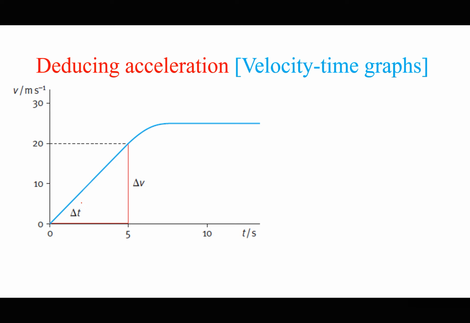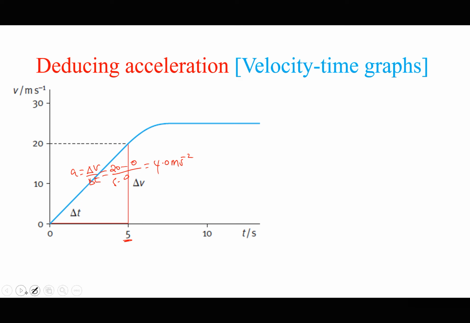So if I have a graph like this, then I just need the gradient for, say, the first 5 seconds. I want to find the acceleration here. So the acceleration is going to be change in v over change in t, which is the gradient, which in this case is going to be 20 minus 0 divided by 5 minus 0, which would give us 4 meters per second squared as the acceleration.